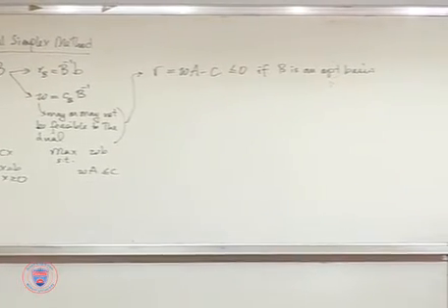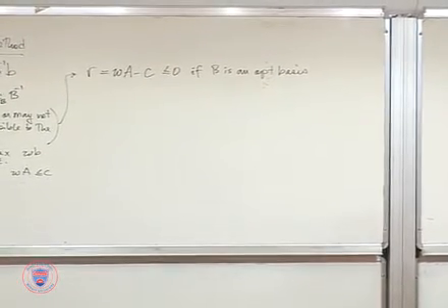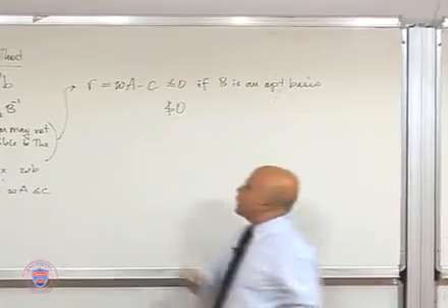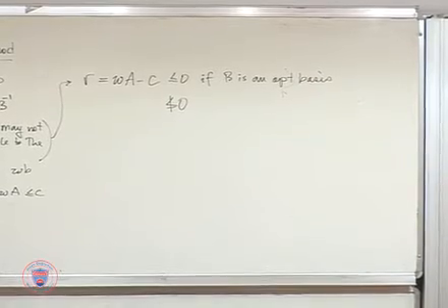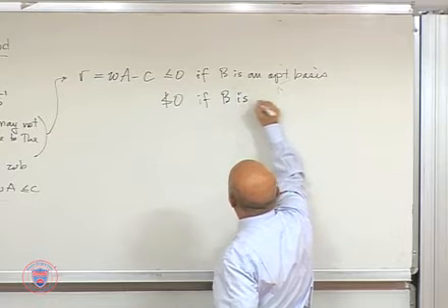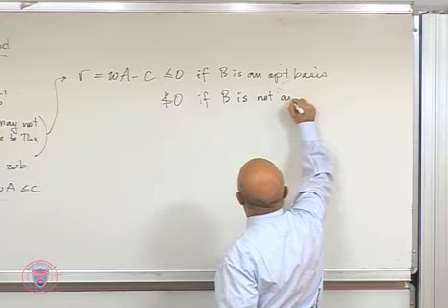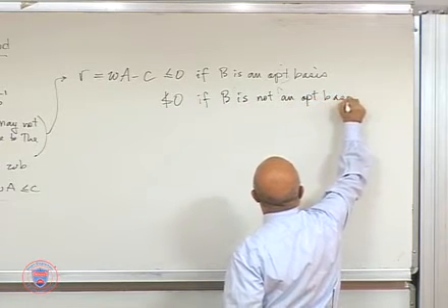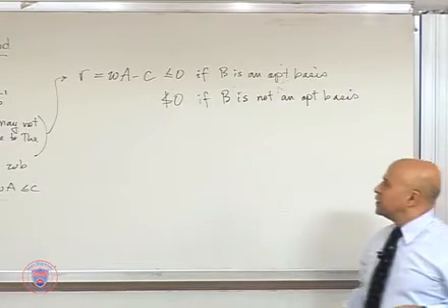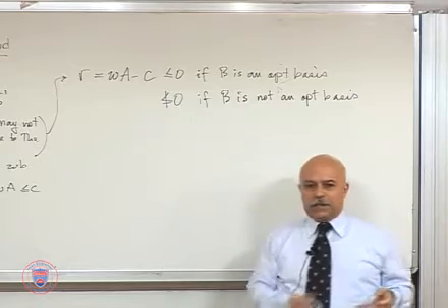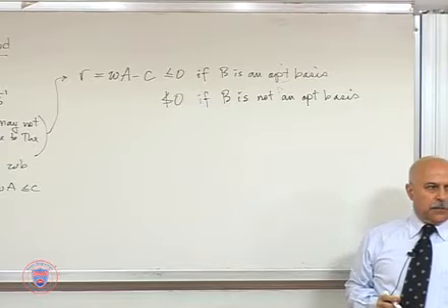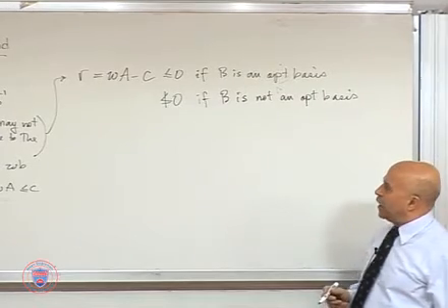That's how you stop. All reduced costs are non-positive, so there's nothing to enter. However, it will have at least one positive component if B is not an optimal basis. In that case, of course, there's at least one reduced cost which is positive. Not less than or equal to 0 means at least one component is positive, in which case you can enter that and get better in the objective function's value.